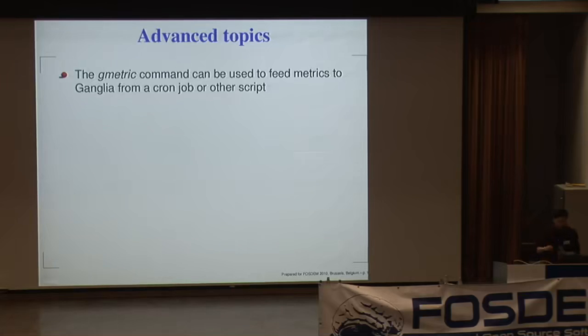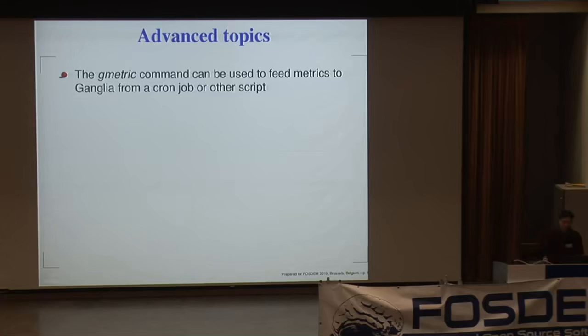So I'm just going to talk about some advanced topics. I mentioned previously that by default, Ganglia collects all these standard metrics, but what if you have your own metric that you want to collect that's not part of the standard metrics?